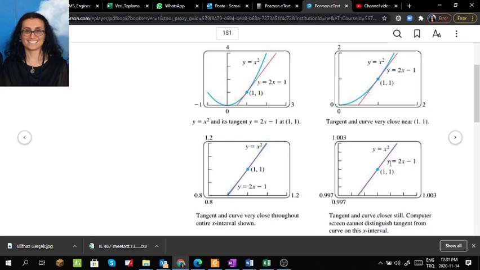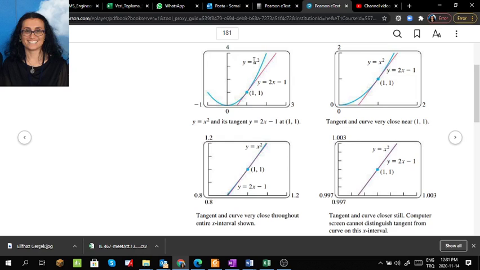So in this section we are going to be talking about linearization. What does linearization mean? Sometimes we are given a function like y is equal to x squared, and around some point we want to approximate its value, but the function could be difficult to calculate.